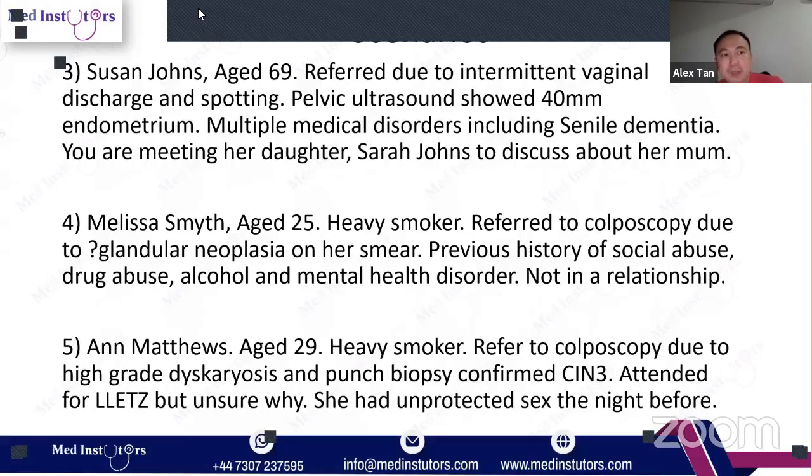That's a good answer. Can you assure me that if you do a LETZ for me now, I will not miscarry? This baby will not be harmed. The LETZ procedure usually does not harm the baby because we are not going beyond the cervix into the lining of the womb.